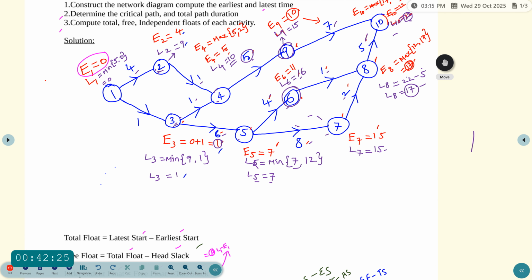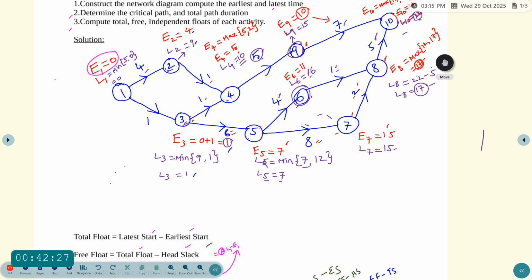See the figure. First you mark the critical path, and then you have to find the critical length value.